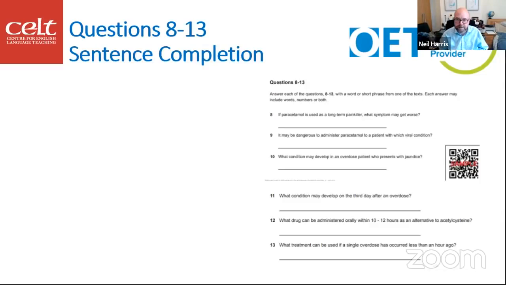Do you think we're looking for a symptom? Oh, okay. Reba, thank you. You've put in the word headache. And if you think about the meaning of the word headache, what is headache? It's a symptom. So what we can do for questions 8 to 13 is decide from the question the kind of information that we're looking for.